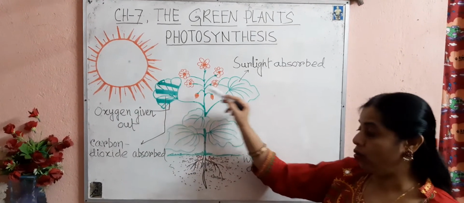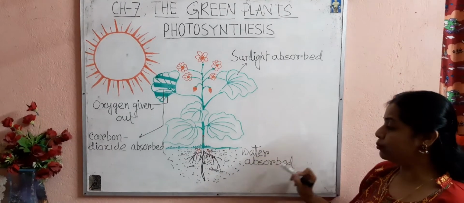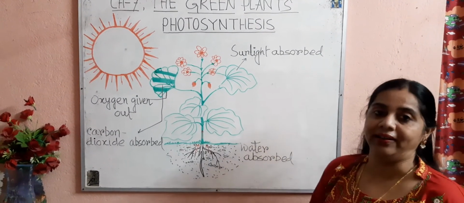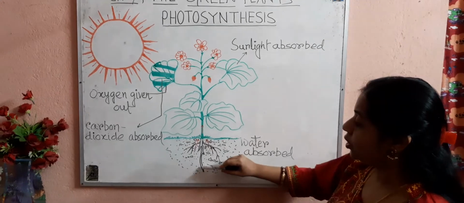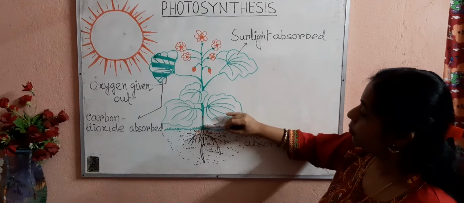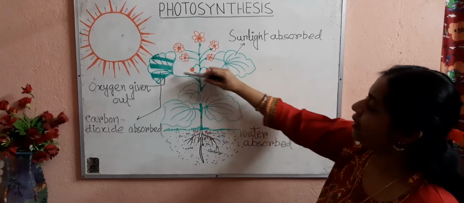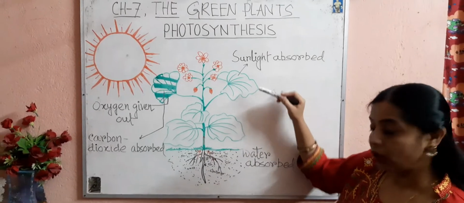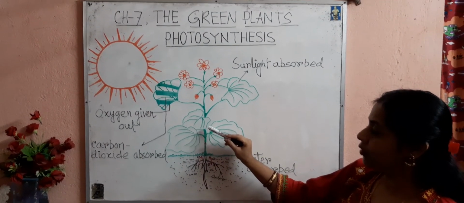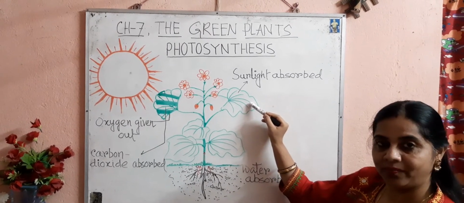Now the roots of the plants absorb water from the soil, and this water is carried by the stems to the different leaves of a plant. Understood? So the water absorbed by the roots, transported by the stem, is supplied to the leaves where chlorophyll is present.